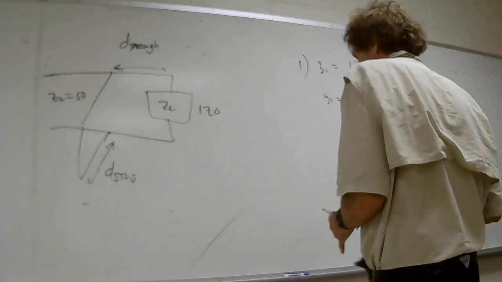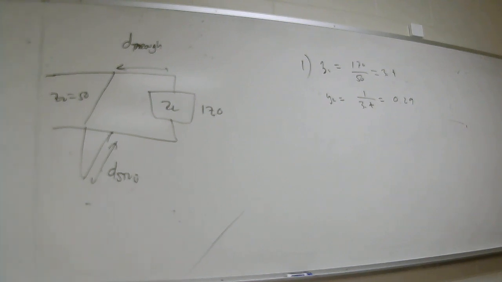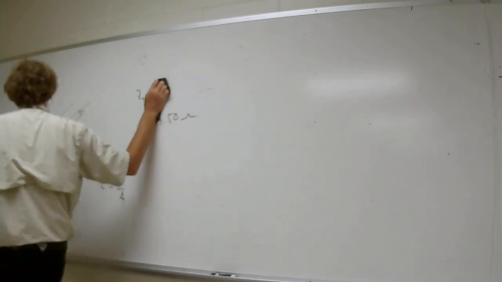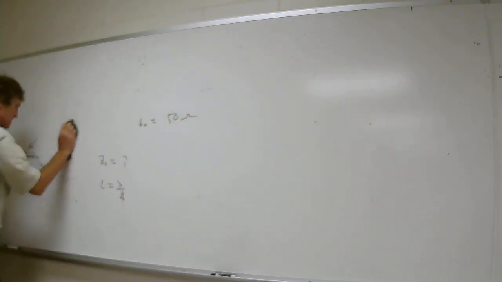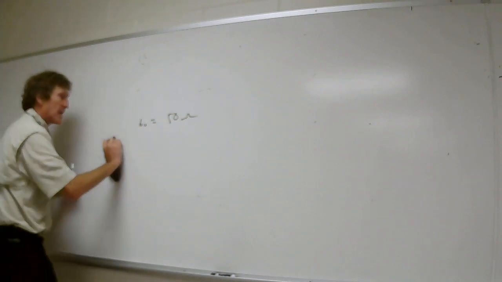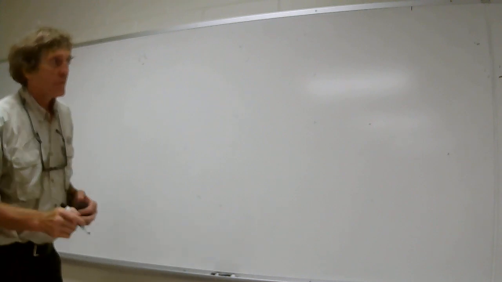Let's go here. This is an interesting problem in a way, because almost all of the matching was done with a real and imaginary component to the impedance. But if it's strictly real, you can probably just go with that quarter wave. Okay, so now, let's see.